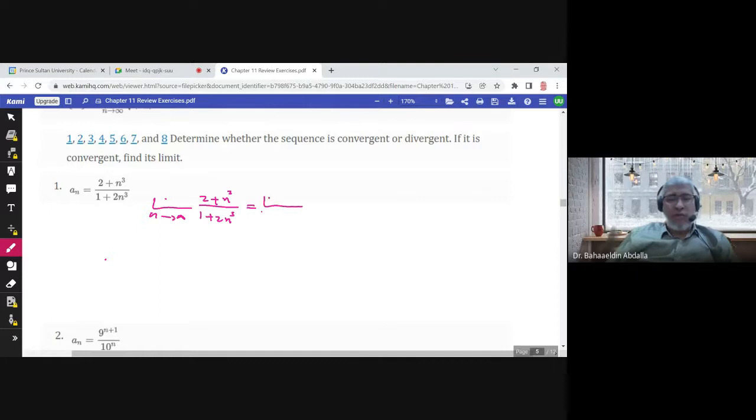When n goes to infinity, we take the term with the highest power. We can cancel n cube with n cube, and the limit would be half. So this sequence converges to half.